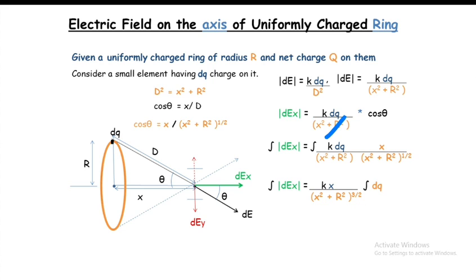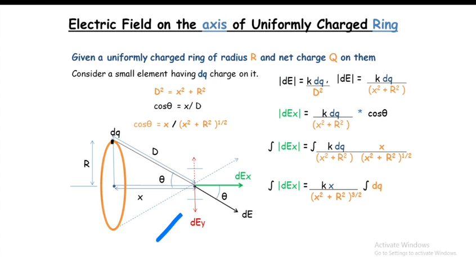Here k is constant, x is also constant. x is not changing, x is fixed. In the question, it is given that you have to find the electric field on the axis at distance x from this center.